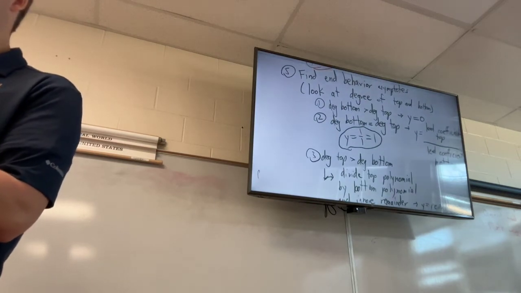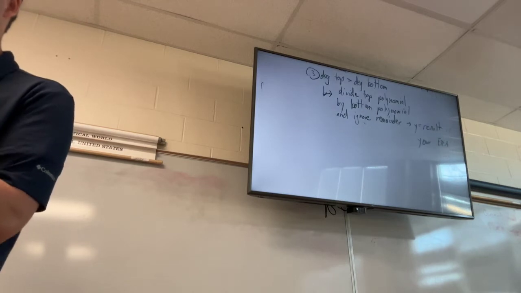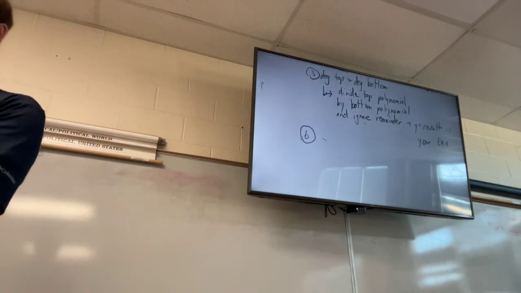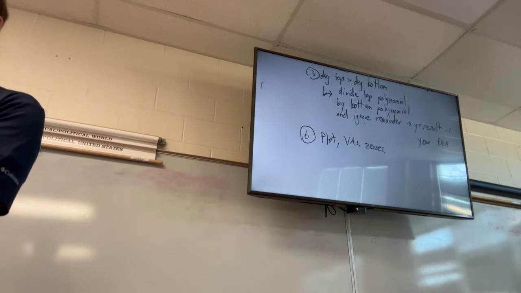And then step 6, the last step: plot the vertical asymptotes, zeros, and EBA, and get your signs right. End behavior asymptotes, it's a good question.